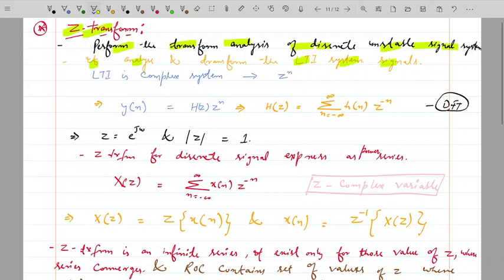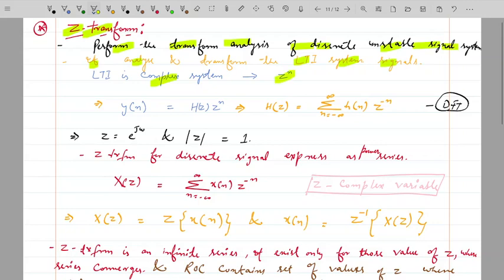Basically, what are linear time invariant systems? Linear time invariant systems are systems that consider a number of delays in the signals, basically shifted or delayed signals, and they do not vary with time. In a linear time invariant system, which is a complex system, we consider z raised to the power n.